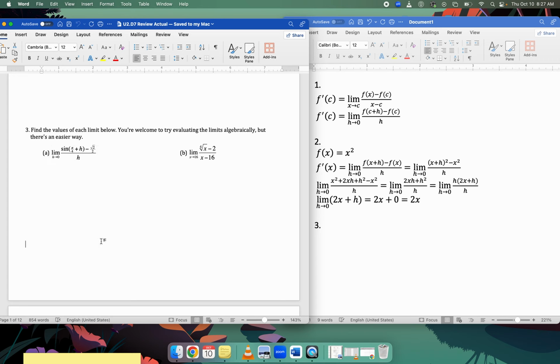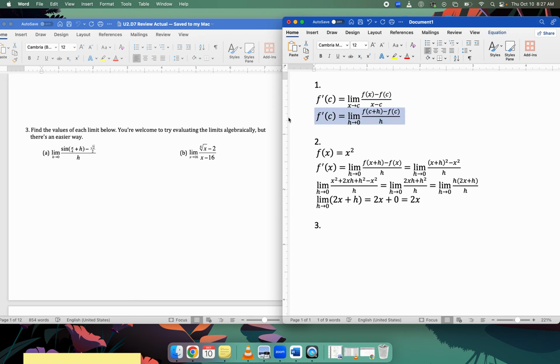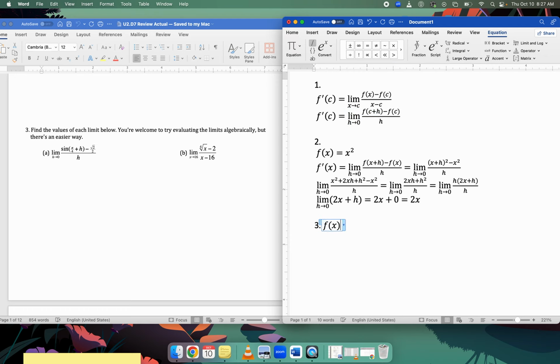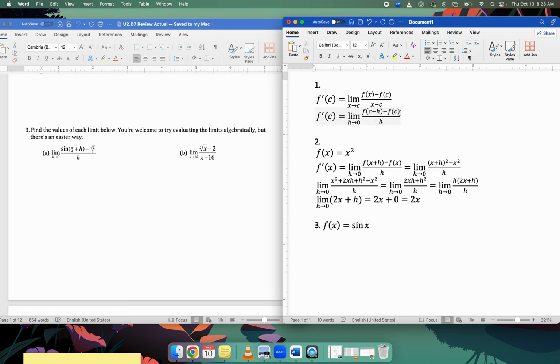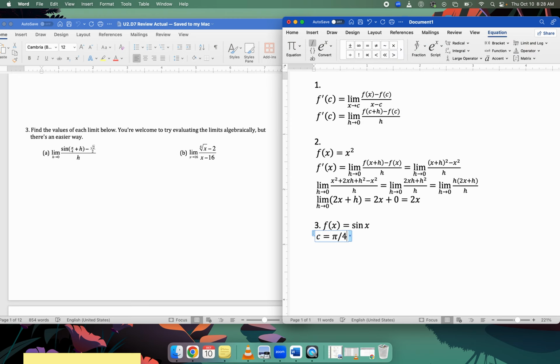And you're supposed to recognize that and then use derivative rules to find the value of the limit. So this guy right here looks a lot like the second limit definition of the derivative, doesn't it? If you compare them, it looks an awful lot like the function in question, f of x, is sine of x, and the value of c, the point at which the derivative is being found, is pi over 4, right?